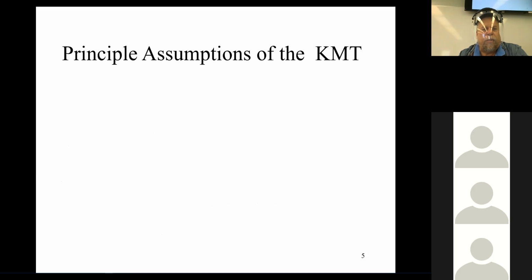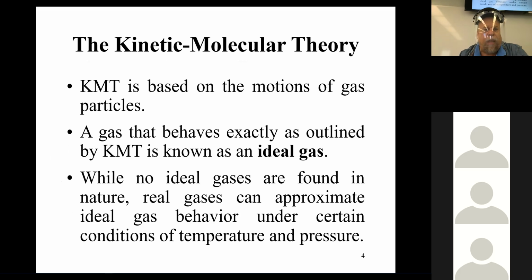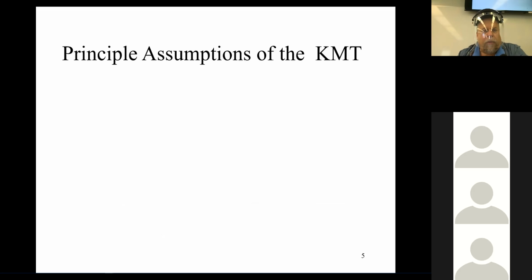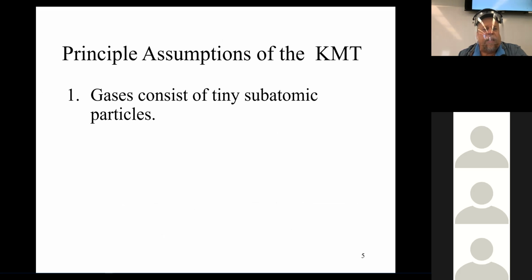So there are certain assumptions to KMT. This is really important, and it will serve as a great introduction to finishing off what we need to for this chapter on Wednesday. The principal assumptions: gas consists of tiny subatomic particles, like we showed with those slides earlier. They could be nitrogen, oxygen, fluorine, chlorine, all the things in red on the periodic table are gases.